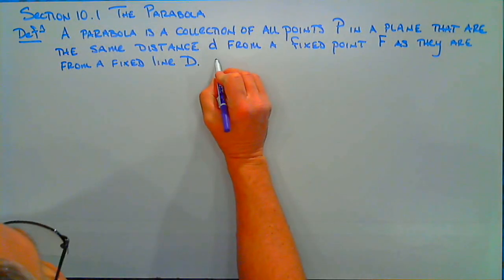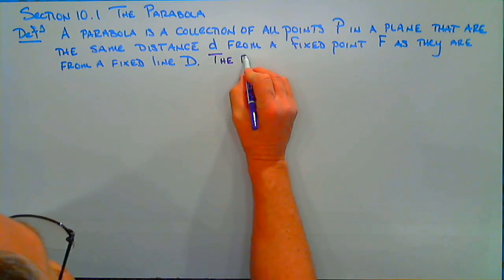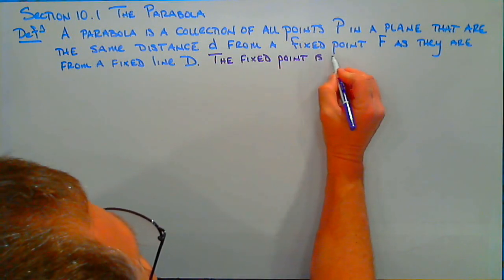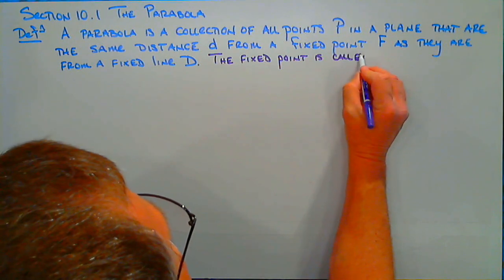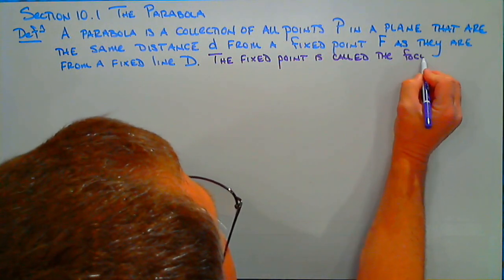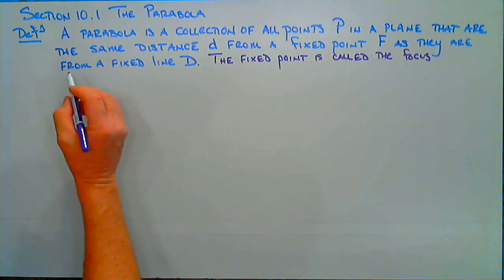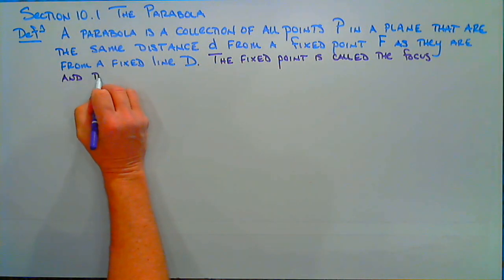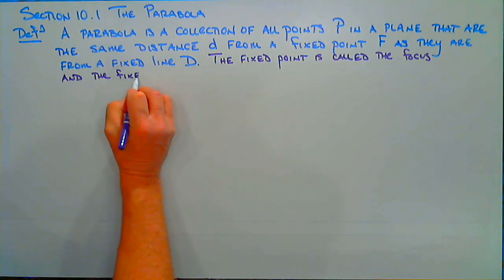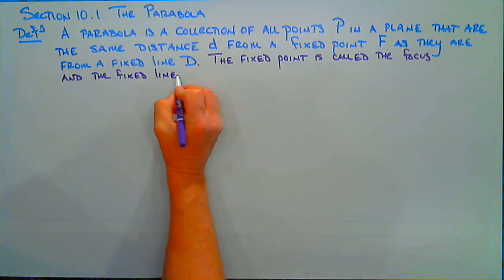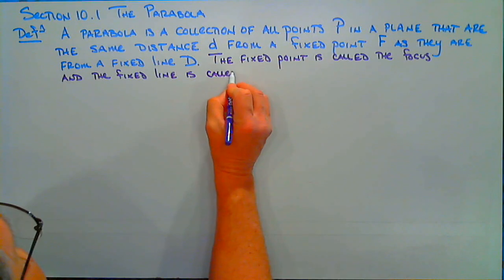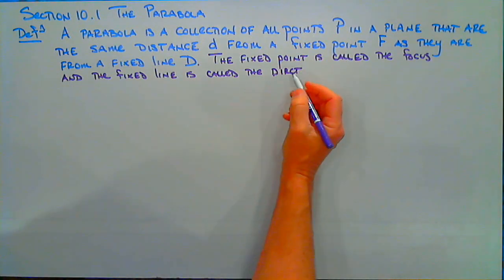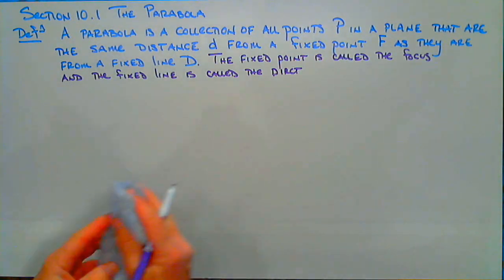So the fixed point is called the focus, and the fixed line is called the directrix. That's misspelled. Forgot an E.